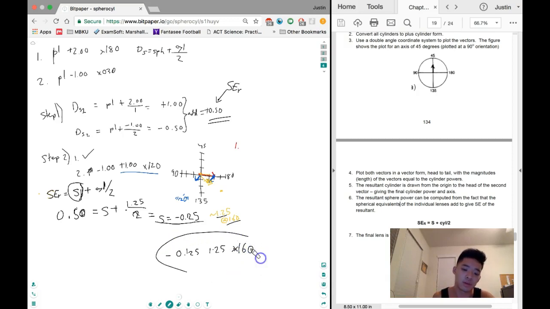There you go. It's lagging so much. Alright, so through that step-by-step process, you're able to go from these two prescriptions that differ, and then you turn it into this one combined estimate of a combination.